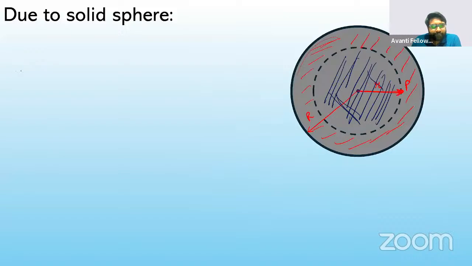ठीक है, अब देखो, we know that on volume capital V, which is 4/3 pi capital R cube, the total mass is capital M distributed over the entire volume. Let's say the mass of this solid sphere is capital M. Again, we are going to use the elementary method that I have talked about in the previous sessions.